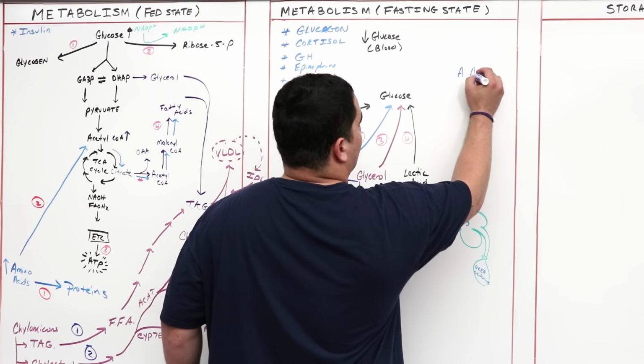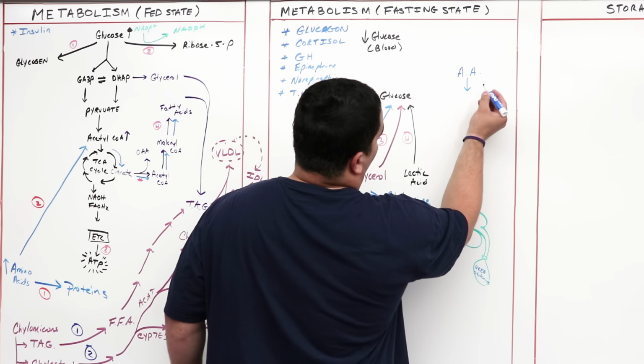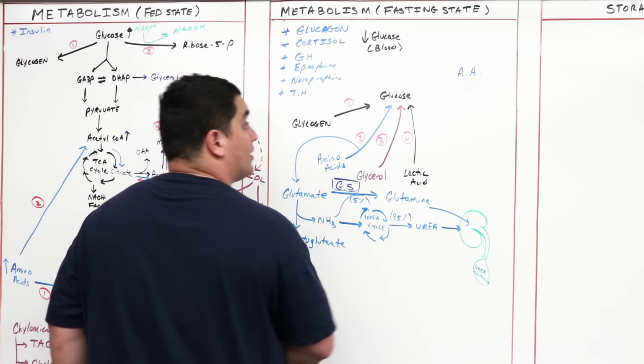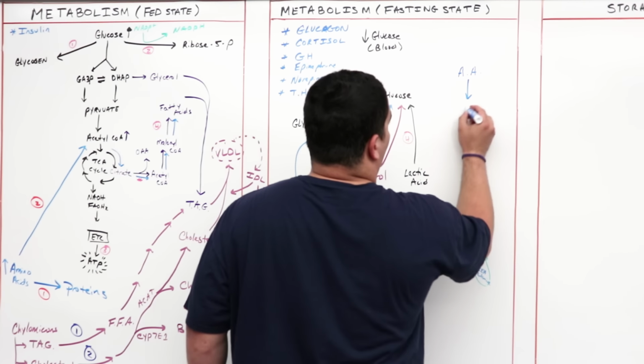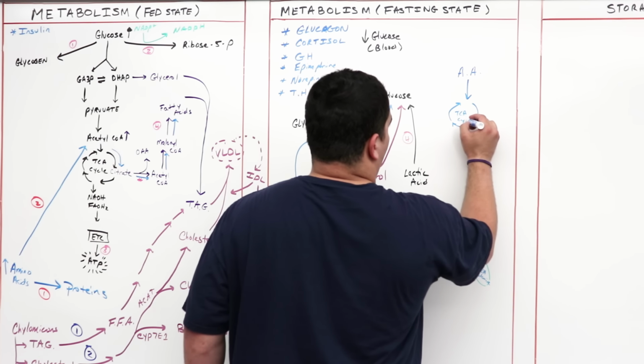Some of the amino acids might actually be converted into, for example, let's say I take these amino acids and I send them into the TCA cycle. Okay, the TCA cycle.